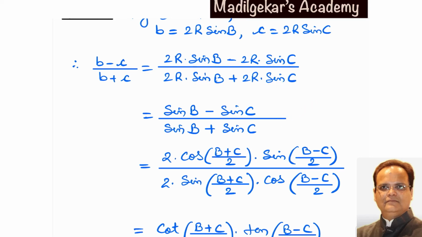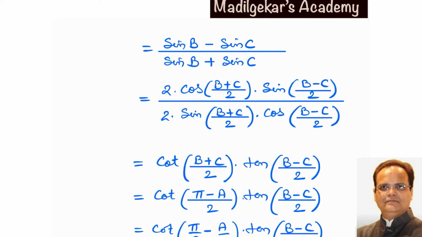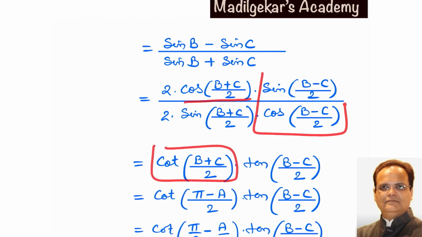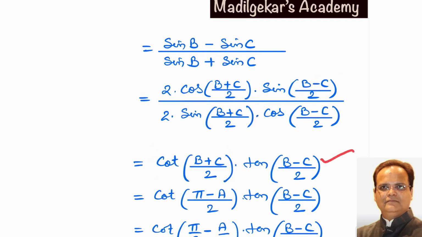Apply factorization formulae, sin C minus sin D. So by that formula, we have numerator as 2 cos of (B plus C) by 2 into sin of (B minus C) by 2. By the sin C plus sin D formula, we have denominator as 2 sin of (B plus C) by 2 into cos of (B minus C) by 2. 2 gets cancelled. Cos by sin is cot, whereas sin by cos is tan.